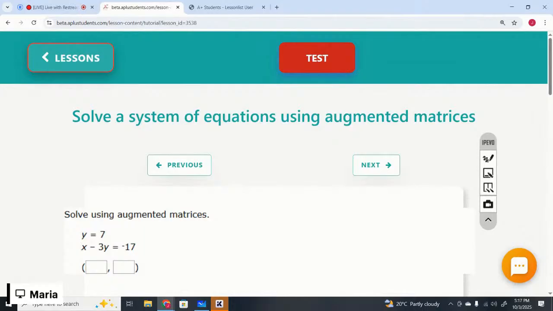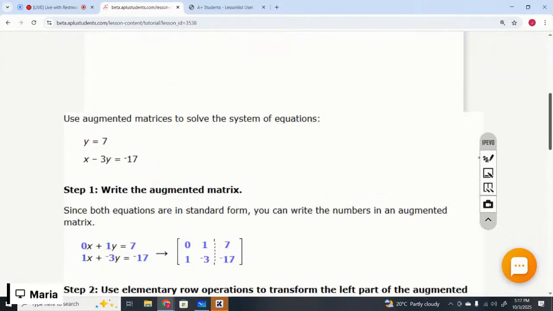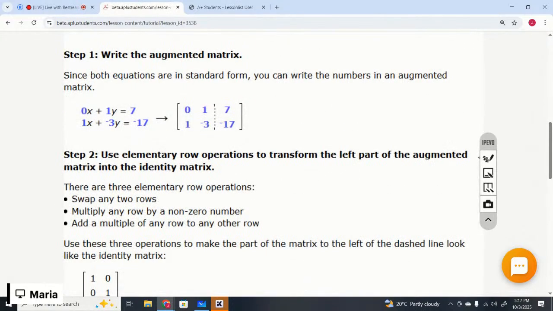So first thing we need to learn is, we need to write down the augmented matrix first. So 0, 1 and 7, 1, negative 3 and negative 17.